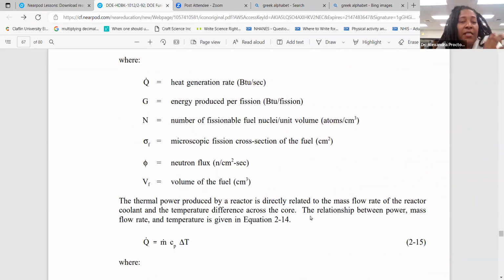Sigma sub F is the microscopic fission cross section of the fuel, in centimeters squared. Phi is the neutron flux, in neutrons per centimeter squared second. And V sub F is the volume of the fuel, in centimeters cubed.